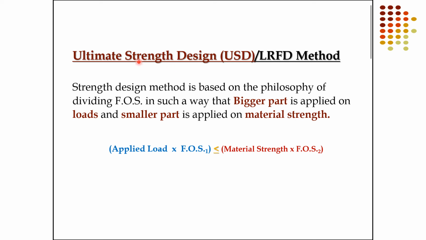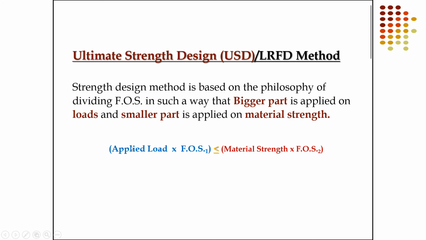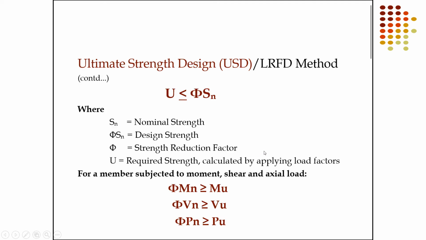Before the ultimate strength design approach, there was the ASD, allowable strength design. Here is again the same equation of ultimate strength design. The left part is named as U, the right part is named as phi Sn.